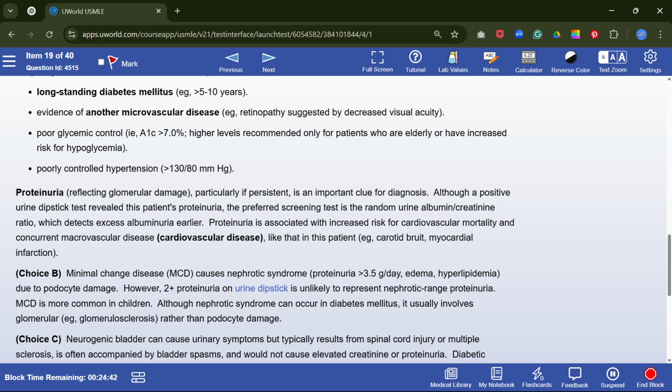The preferred screening test is the random urine albumin creatinine ratio, which detects excess albuminuria earlier. Proteinuria is associated with increased risk for cardiovascular mortality and concurrent cardiovascular disease, like the myocardial infarction in this patient.